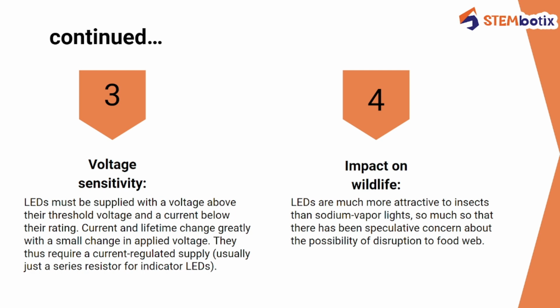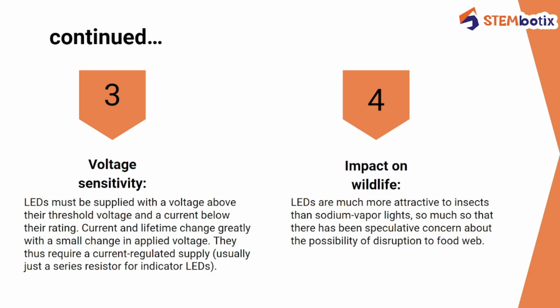Current and lifetime can change greatly with a small change in applied voltage. So by changing the applied voltage, the current and lifetime of the particular LED changes. They thus require a current regulated supply, and that is why LEDs need a current regulated supply.